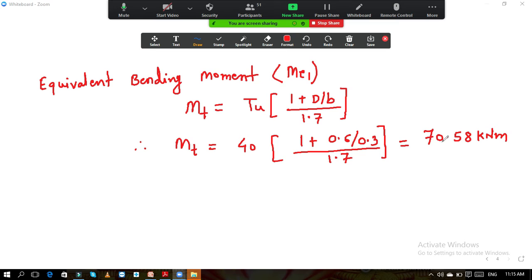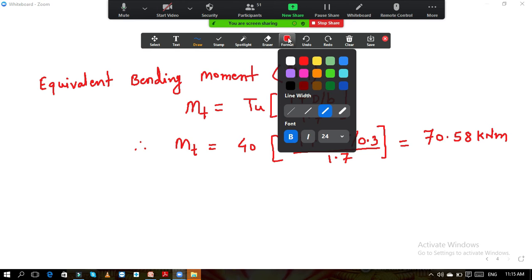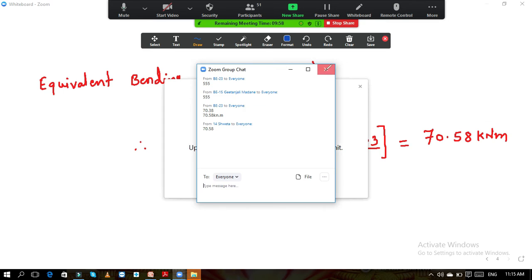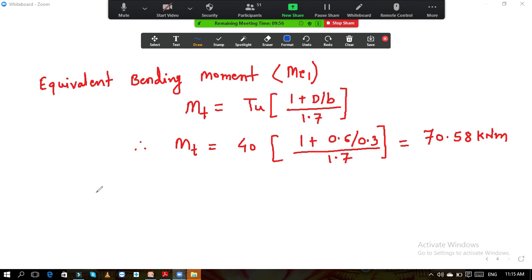So now after the calculation of Mt, it is very easy for us to calculate Me1. Therefore Me1 is equal to Mu plus Mt. What is the value of Mu given in the problem?